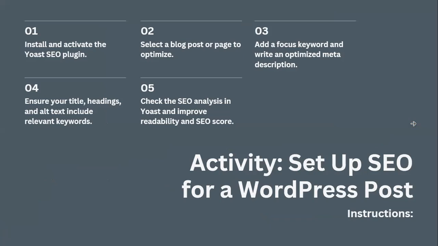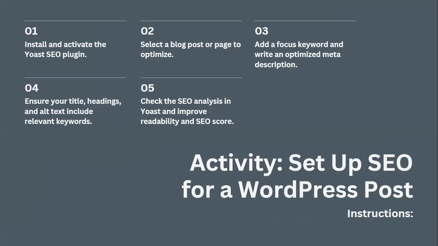So now, activity: you're going to set up your SEO for your WordPress post. You're going to install and activate a plugin. You can use Rank Math, you can use Yoast. They're almost the same thing, but I recommend Rank Math because it's easy to understand, except they have also improved theirs now. Select a blog post or a page to optimize on your site. Add a focus keyword and write an optimized meta description.